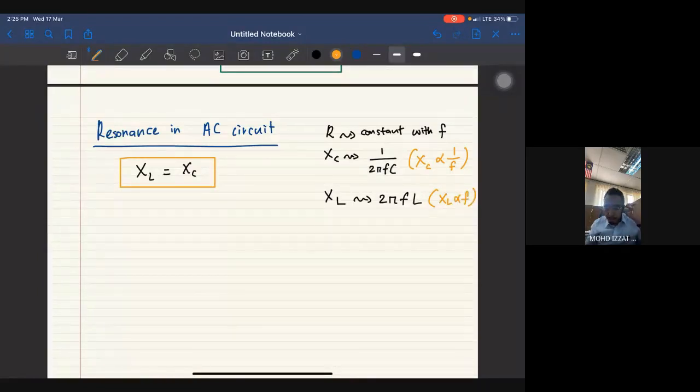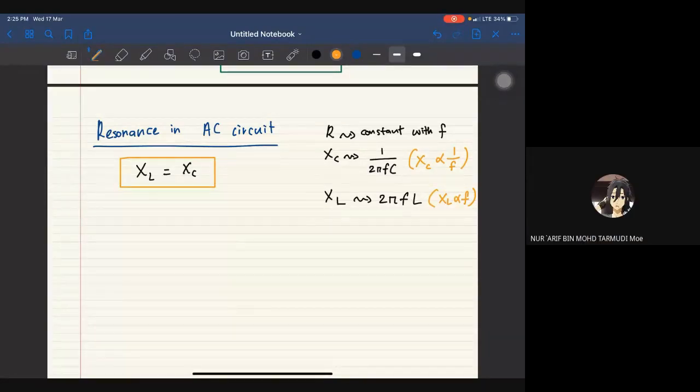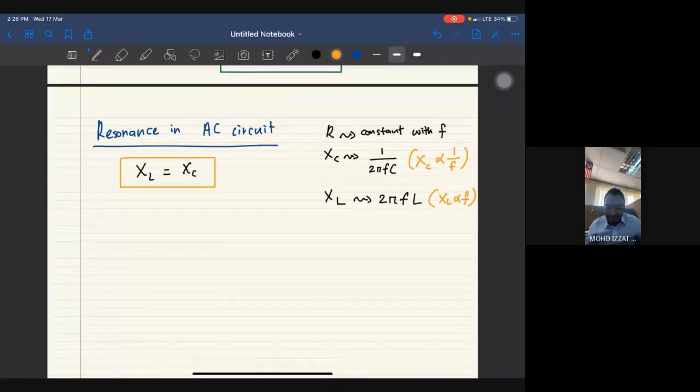Okay, so far can you follow? Yes sir. Any problem? No. Okay. So if I were to draw the relation on a graph, let's say this one is your resistance, but I won't write it yet, I just write its unit, ohm.